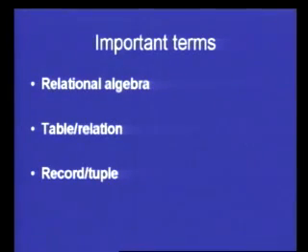Now let us see the important terms in a relational database management system. They are relational algebra, table or relation, record or tuple. Relational algebra is the mathematical correspondence between a relational database management system and mathematics.